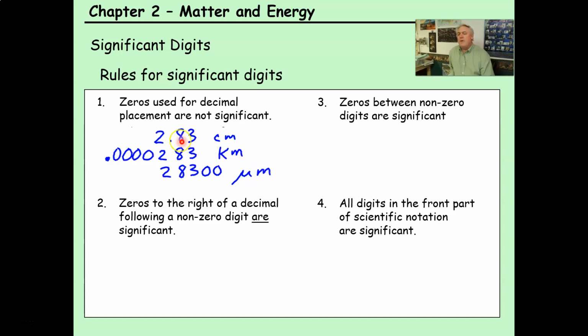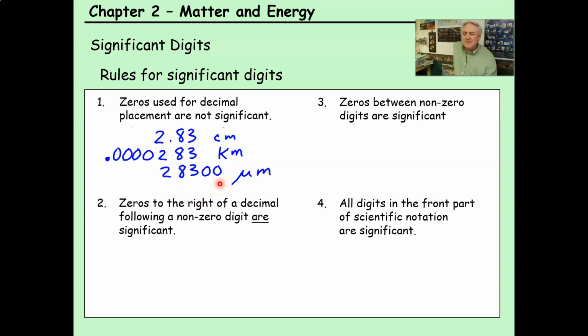All right, now if I were to convert 2.83 centimeters into micrometers, I would move the decimal 4 places to the right, and I'll end up with 28300. Now again, I had to add a couple of zeros so that the decimal's in the right place. In this case, we don't write the decimal there, but we do have to write the zeros.